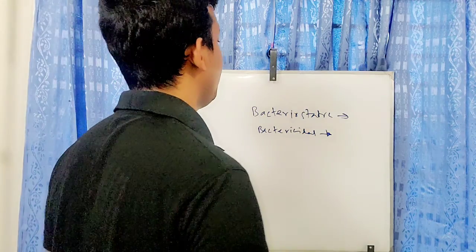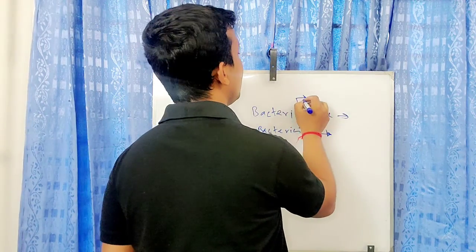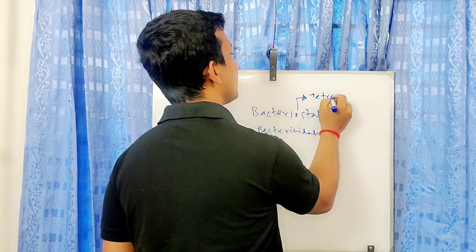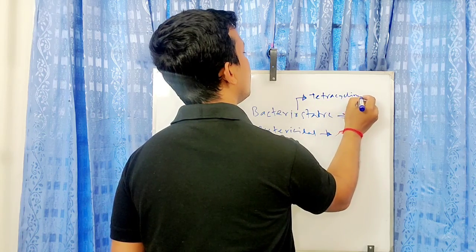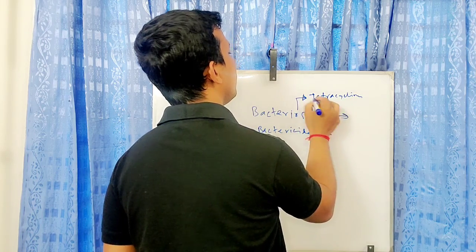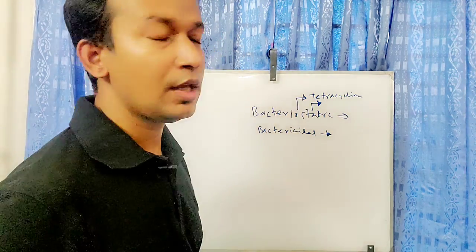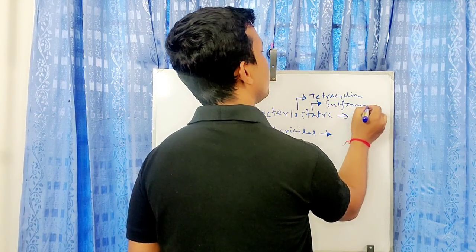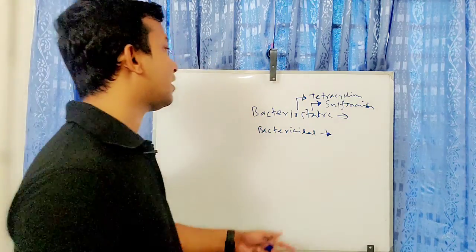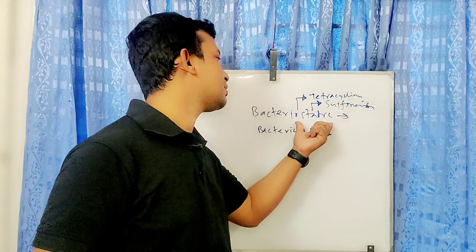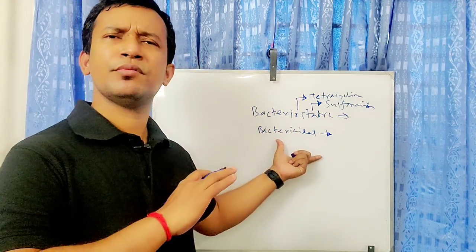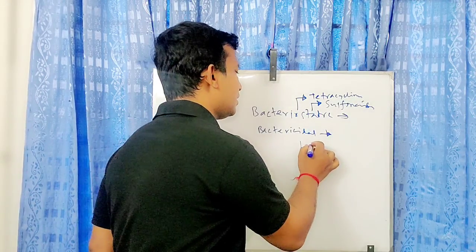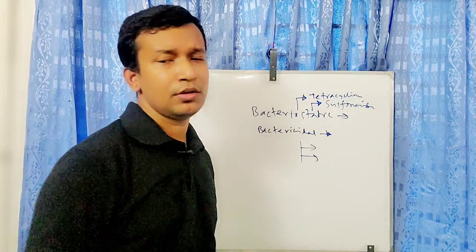So bacteriostatic, we can talk about tetracyclines and sulfonamides. Tetracycline and sulfonamides, they are bacteriostatic. And bactericidal, we have a huge syllabus like penicillins, cephalosporins.